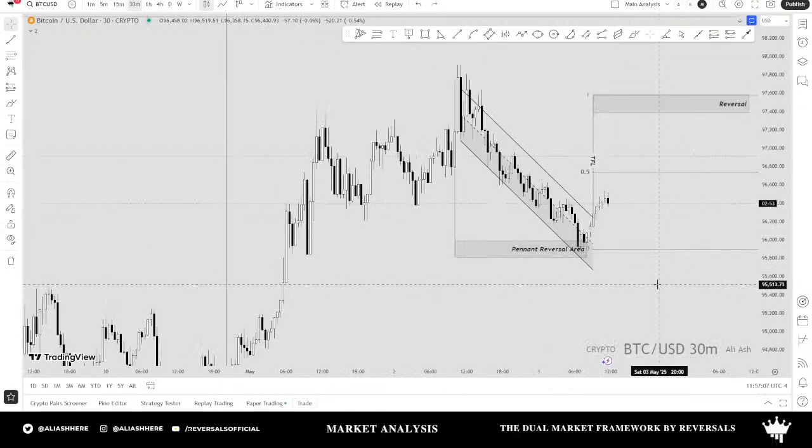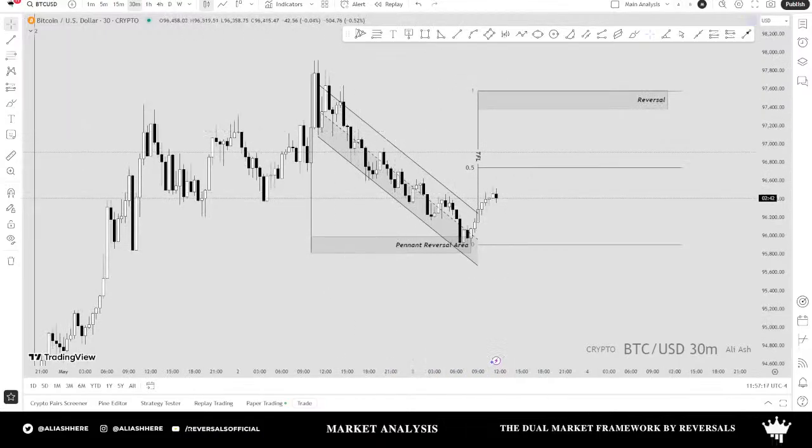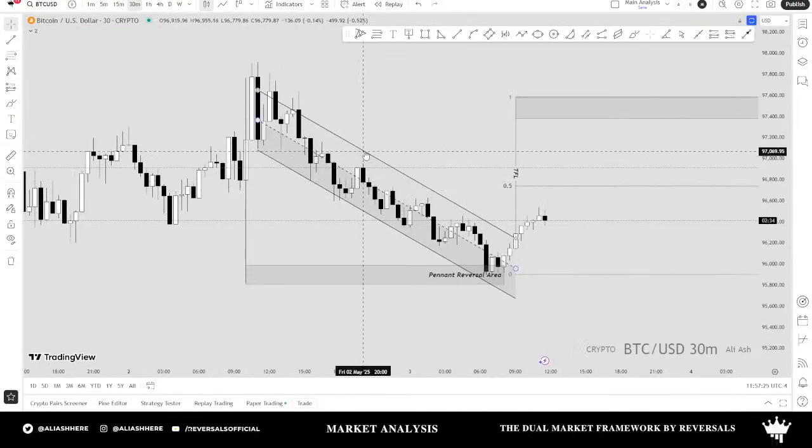Right now we have a BTC chart, 30 minutes time frame. So let's do some analysis. Lately we have seen a parallel regression channel, so let's see what's the candle that's pushing the market down.